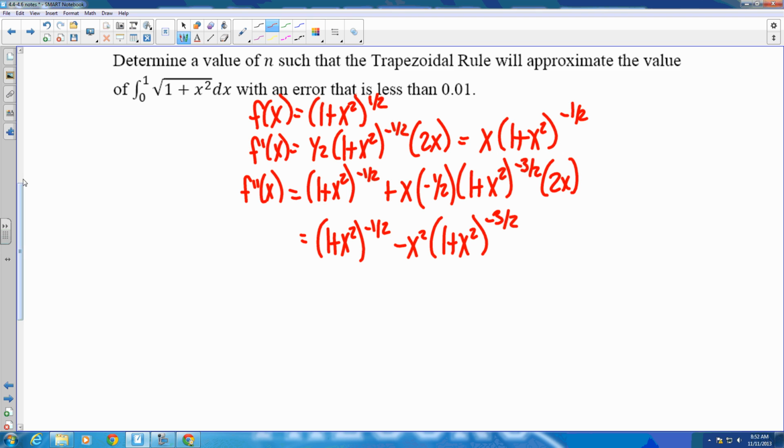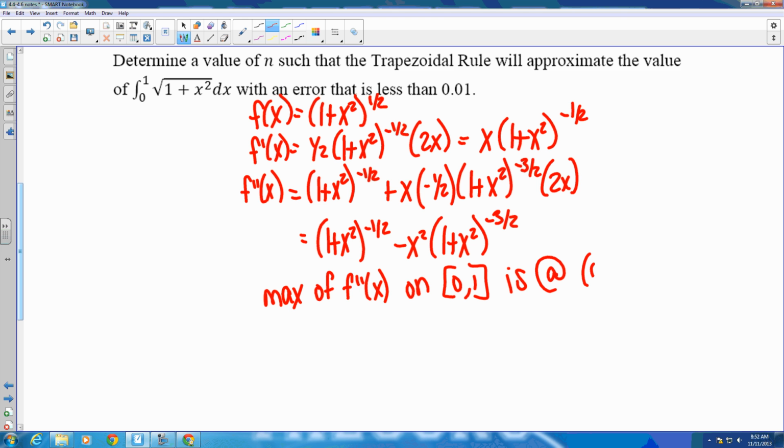Okay, so part of the error is getting the max of this. So the max of f double prime on the interval from 0 to 1 is at 0, 1. So our max value is 1, the y value there.